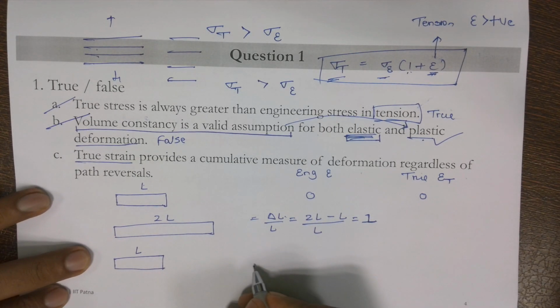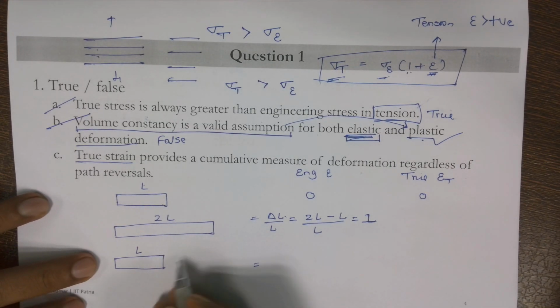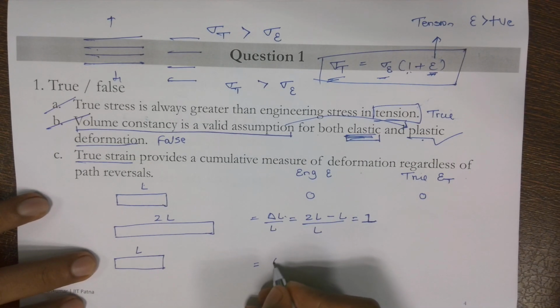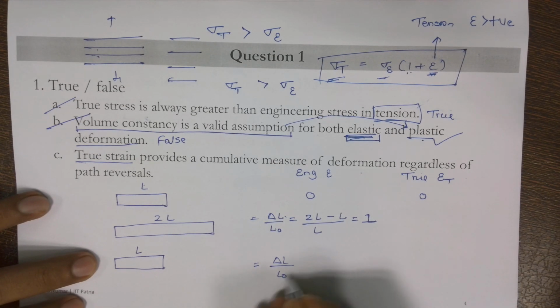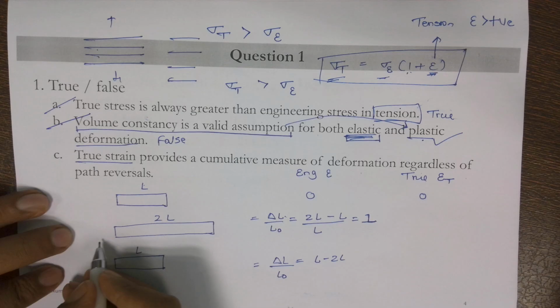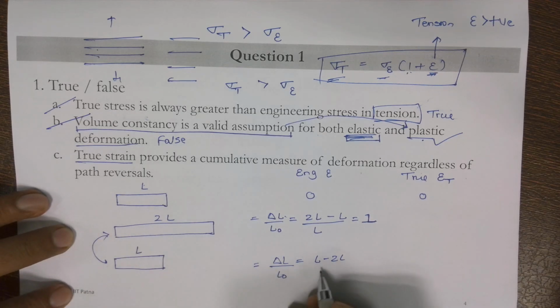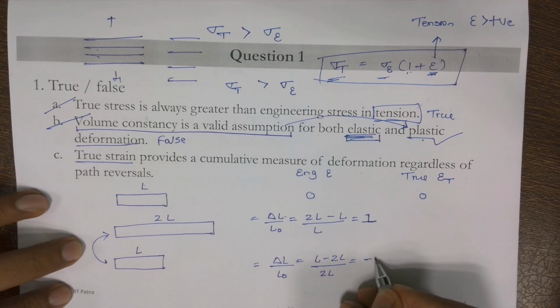Now come back here. Now here we are compressing back. Again, the change in the length divided by original length. Here the final is L and initial is 2L. For this particular case, the initial will be this one, and then we will divide it by the initial, which is 2 times L. What we'll get here is minus 0.5.